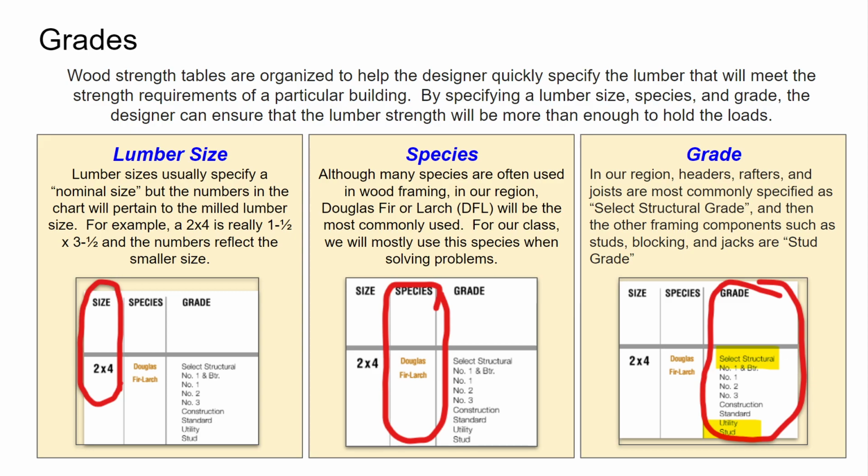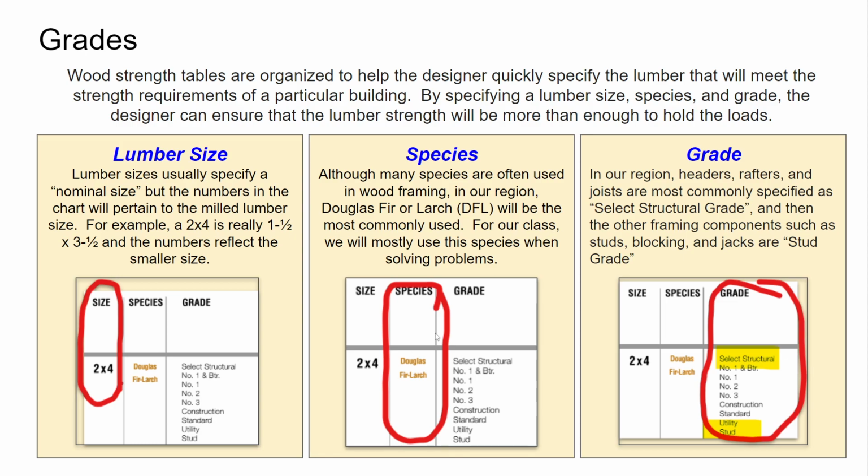Okay? And then we have to know the species. And as I mentioned, Doug fir larch grows in our area, the whole Pacific Northwest from Canada down through the Central Valley of California. And so Doug fir larch is important for us, and that's what we'll use mostly.